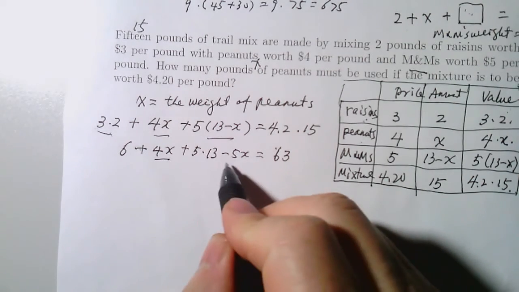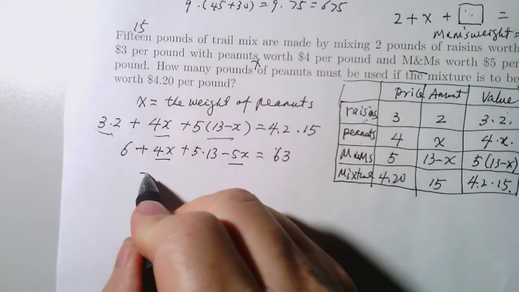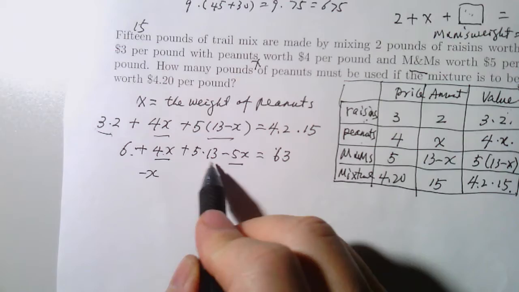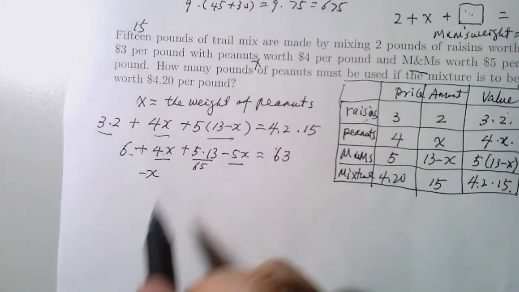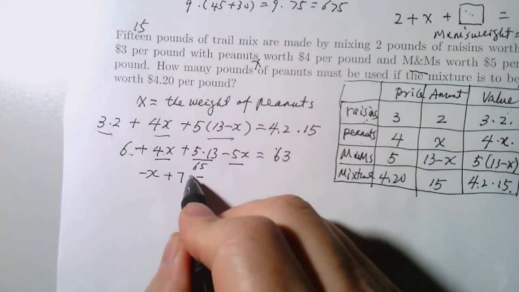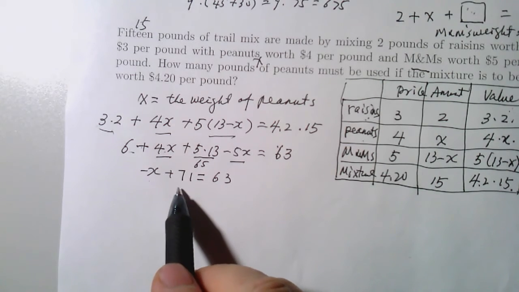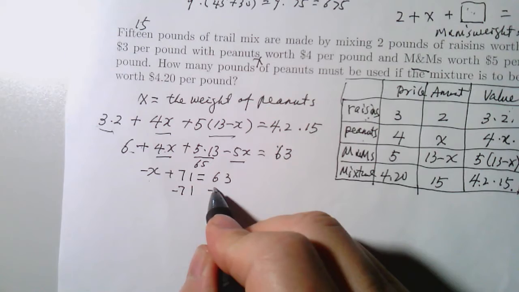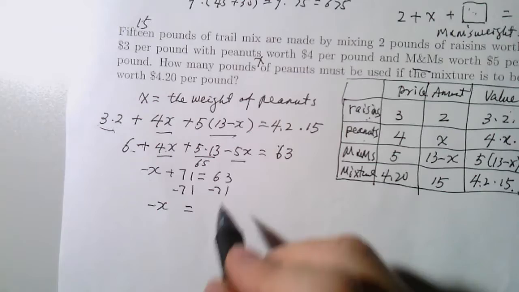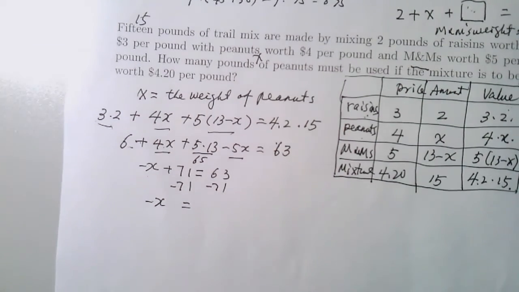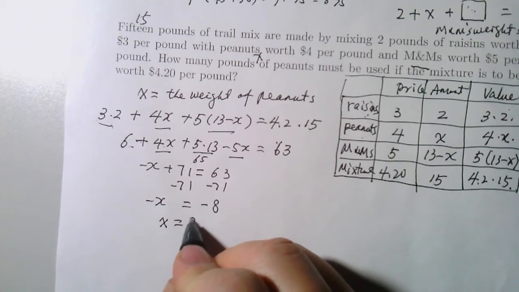Combine the like terms. 4x minus 5x, this is negative x. 6 plus 5 times 13, 5 times 13 is 65. 6 plus 65 is 71, equal to 63. So now subtract 71 from both sides. So you have negative x equals 63 minus 71, which is negative 8. So x equals 8.